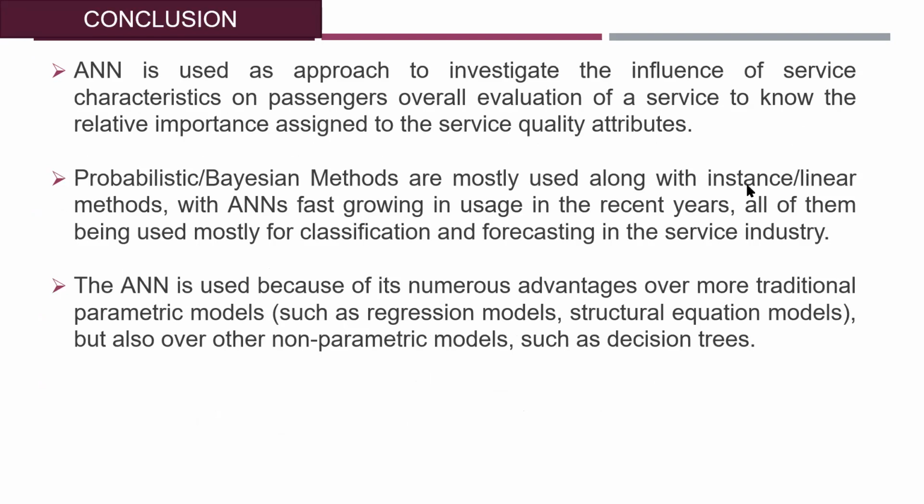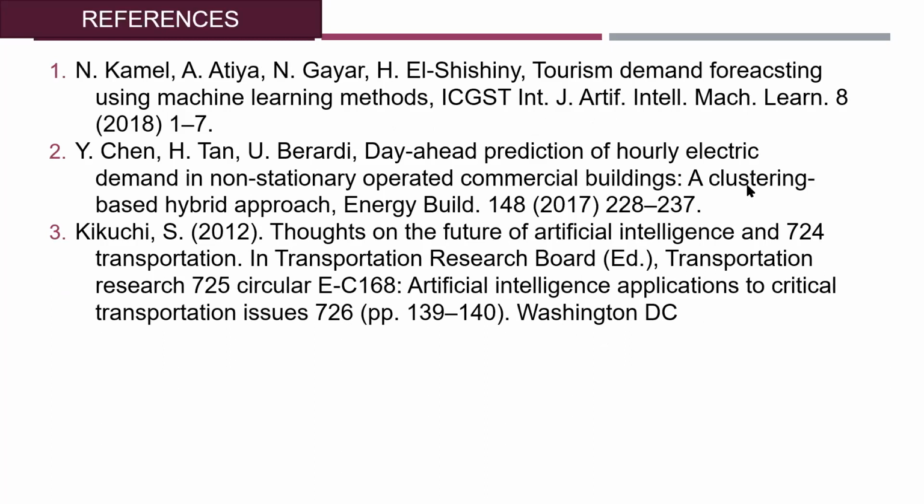Probabilistic or Bayesian methods are mostly used along with instance or linear methods, with ANNs fast growing in usage in recent years, all of them being used mostly for classification and forecasting in the service industry. The ANN is used because of its numerous advantages over more traditional parametric models. And these are my references.